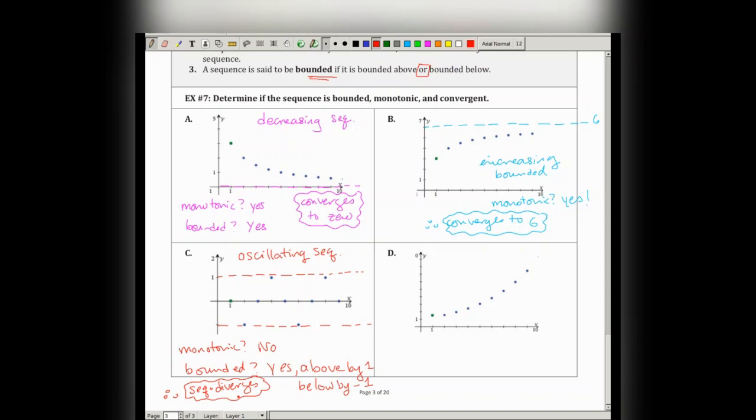What about D? What are we going to say about D? Is it increasing, decreasing, or oscillating? Yes, thank you. So this is increasing. Is it bounded? No, it is not bounded. That is correct. Is it monotonic?